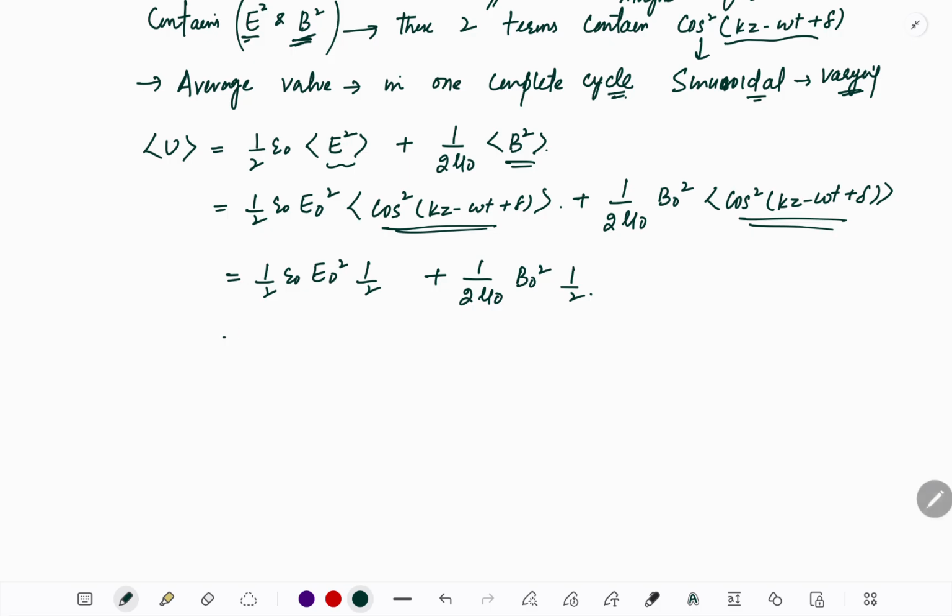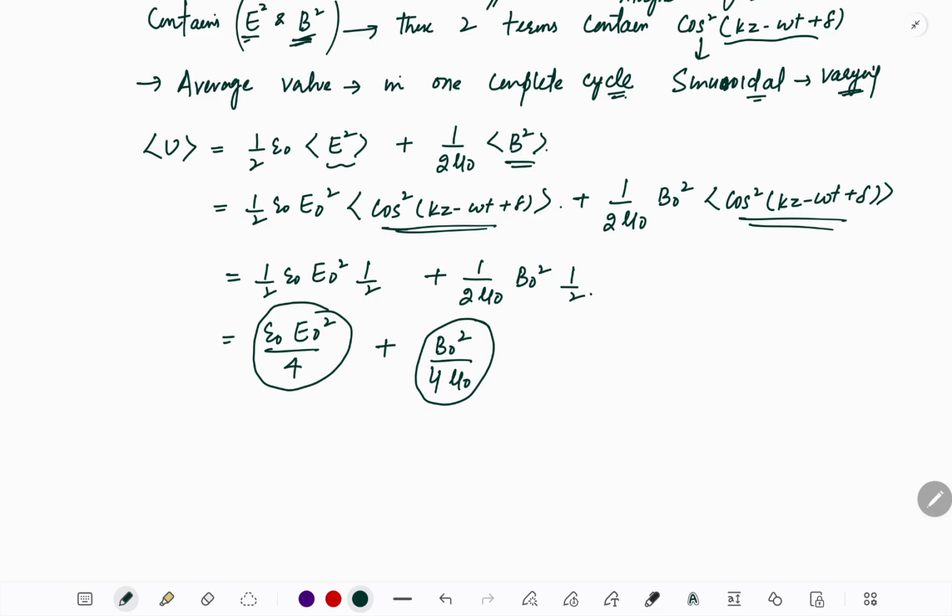If you solve this, it becomes epsilon 0 E naught square by 4 plus B naught square by 4 mu 0. This is the average contribution of the electric field component, and this is the average contribution due to the magnetic field component.